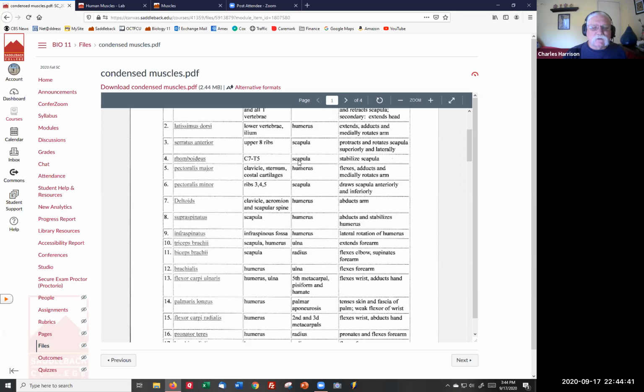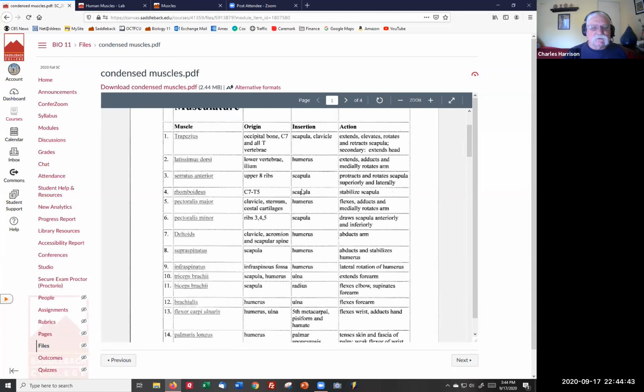And the scapula is the insertion, I'm sorry. So this is the minimum here. You can give me more. You can give me what I have on those full sheets, but this is all that's necessary.